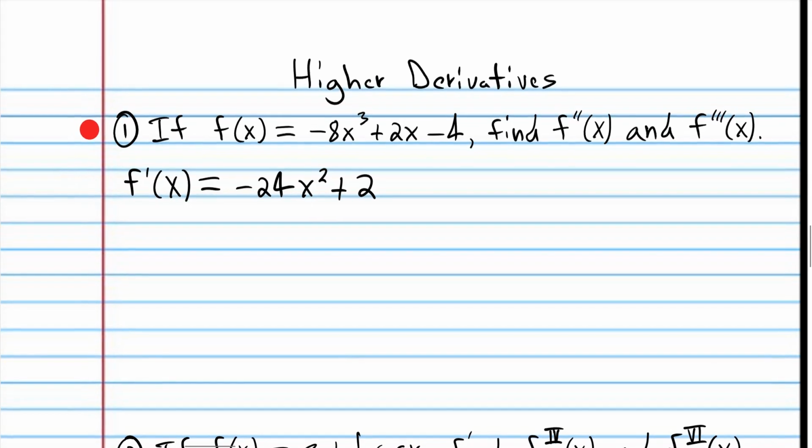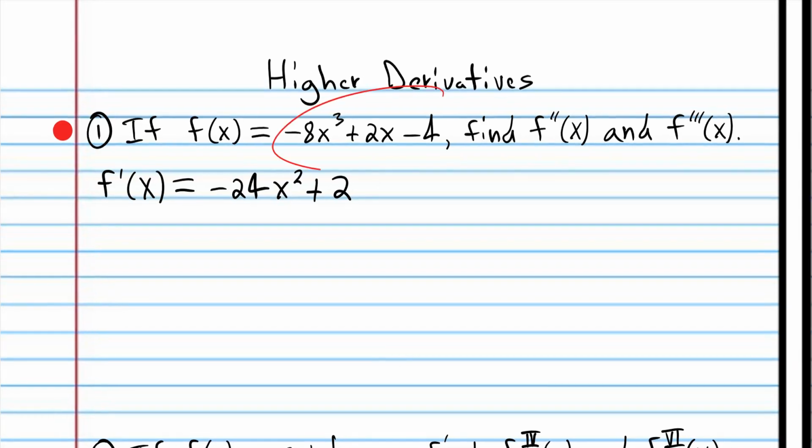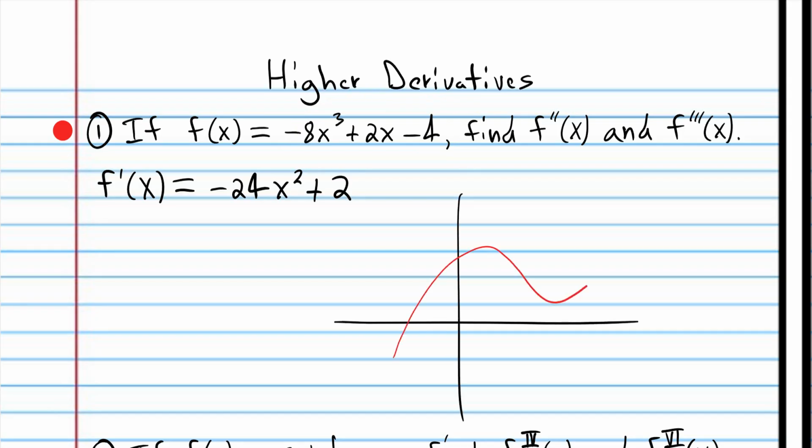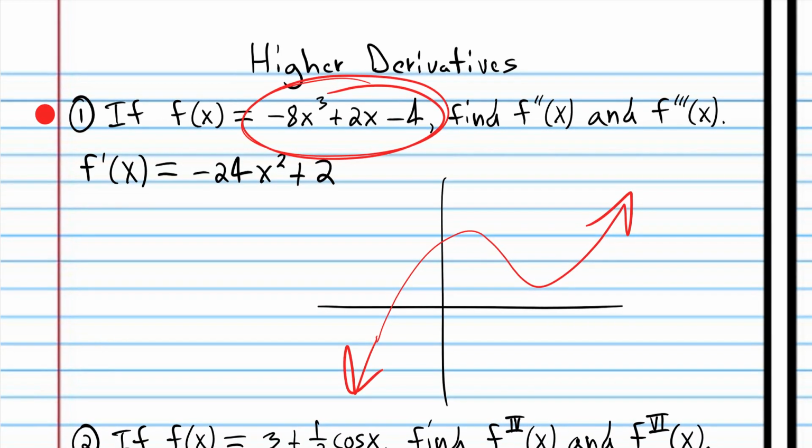But the second derivative is how fast the rate of change of the y values is changing as x changes. It gets kind of complicated. One way to think about it is if you were to graph this function. I don't know what the graph would look like. We could graph it if we really wanted to, but I don't really want to do that now. But let's say we graphed this function and it looked like that.